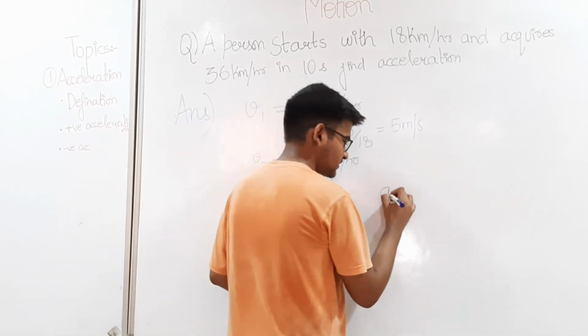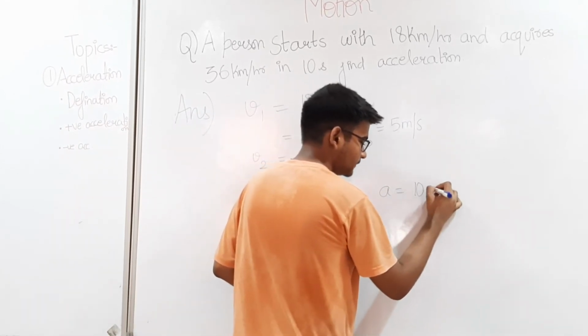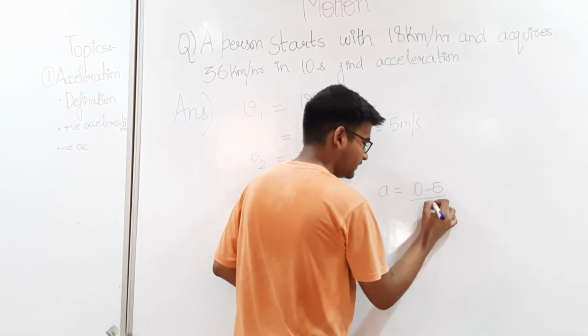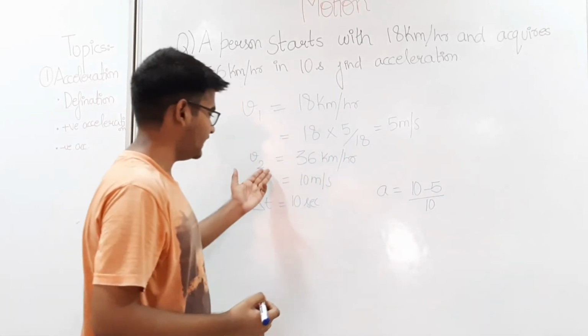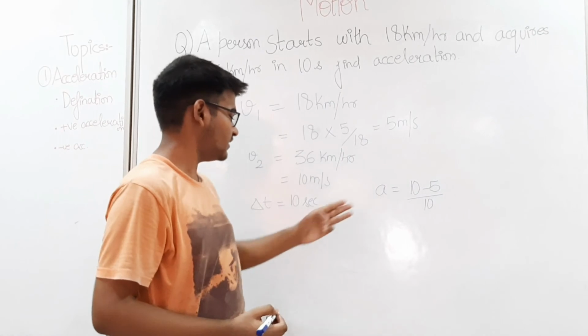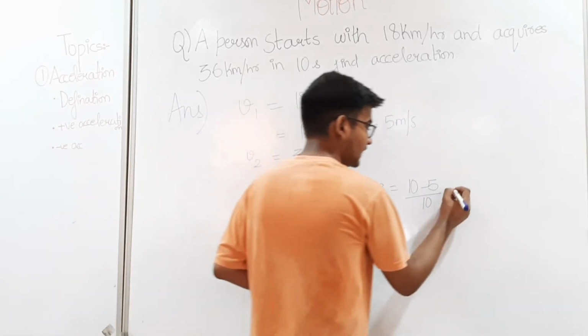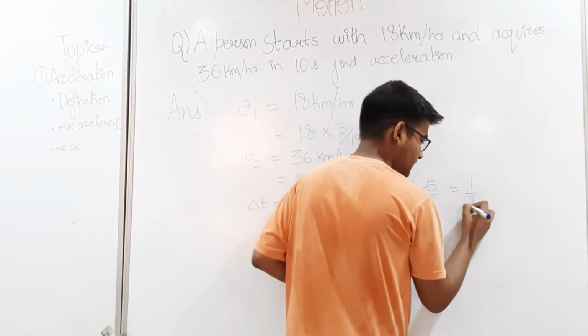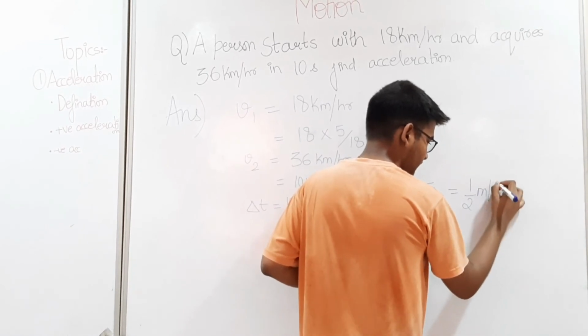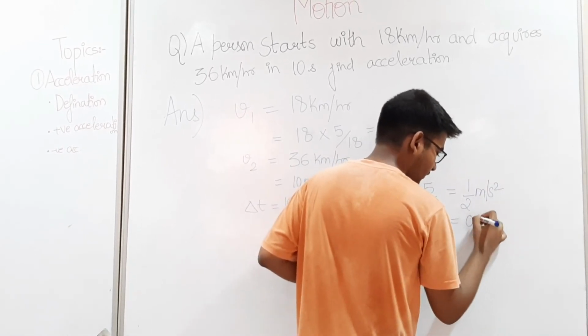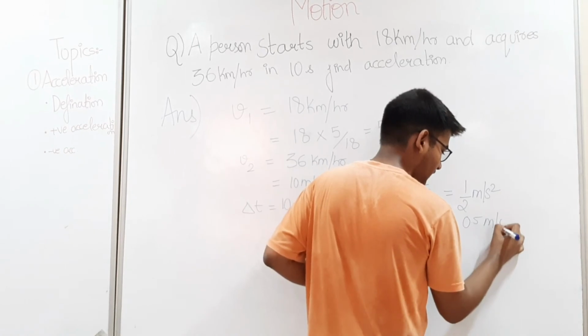Here acceleration will be 10 minus 5 upon 10, that is final velocity minus initial upon time interval, that will be half meter per second square, or 0.5 meter per second square.